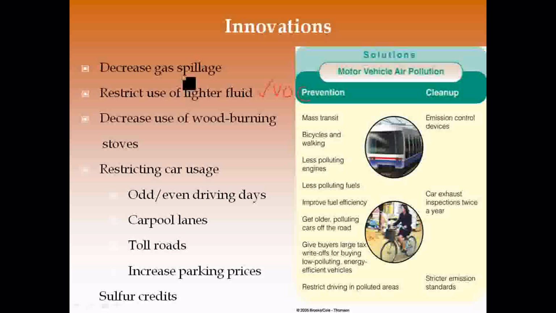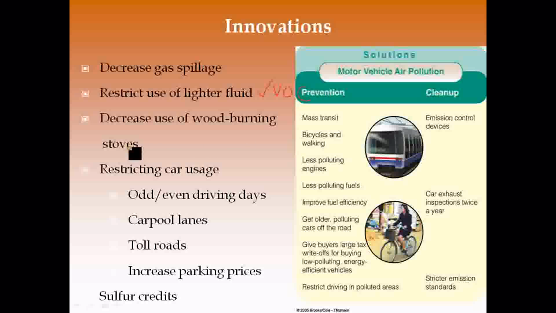Here in the U.S., we have those black rubber caps that you see at the gas pump when you put your gasoline in your tank. Those rubber sort of gaskets help to prevent spillage. As soon as gasoline gets airborne, those vapors end up in the atmosphere, and so we want to decrease that as much as possible. Anytime you burn anything, these chemicals are released.